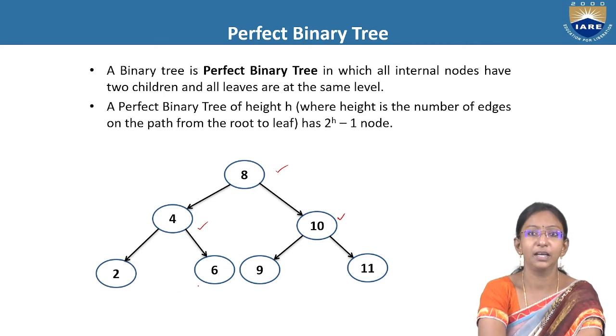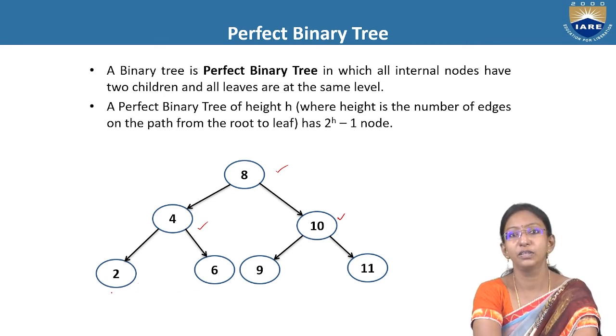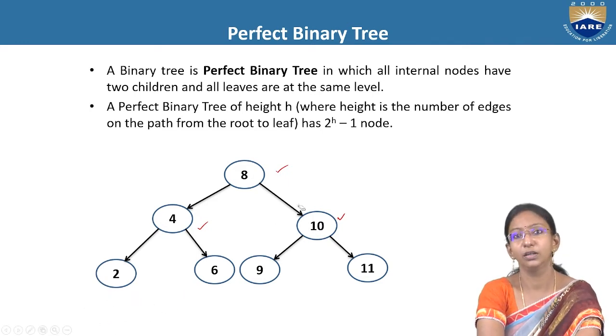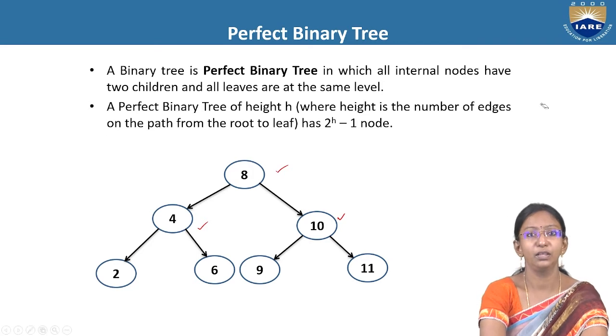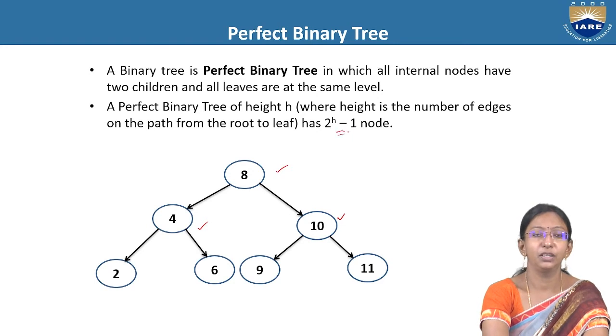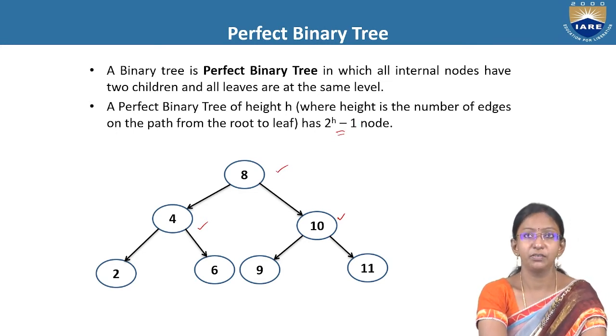If I say that here 2 is having 2 children, then it will no longer be a perfect binary tree. For a binary tree to be perfect, all internal nodes must have 2 children and all leaf nodes must be at the same level. Then if the height of a perfect binary tree is h, the number of nodes will be 2 to the power of h minus 1. Please remember these terms.